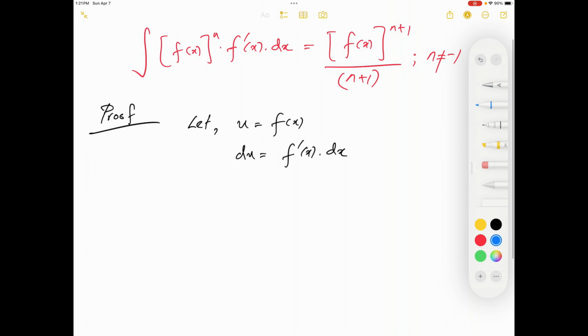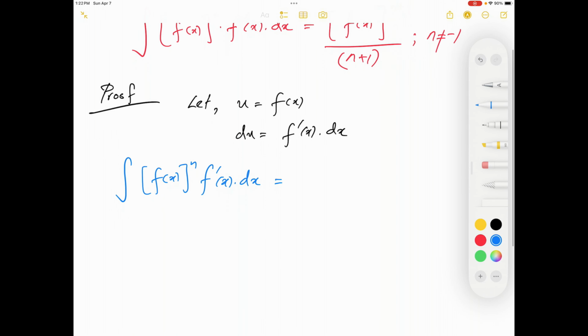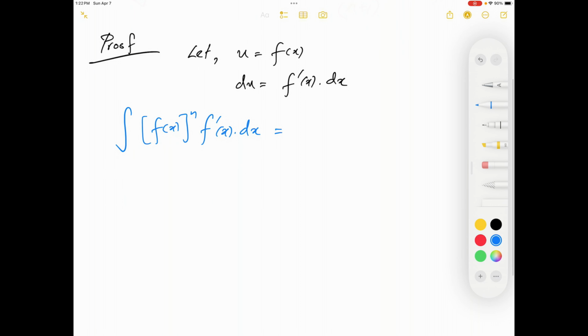Now we can write down the left hand side of that theorem, integral f of x raised to the nth power times f prime x dx, as integral f of x to the n. f of x is equal to u, so this can be written as u raised to the n, and then f prime x dx, this part right here, is equal to du. Therefore, I'm going to write this as u to the n du.